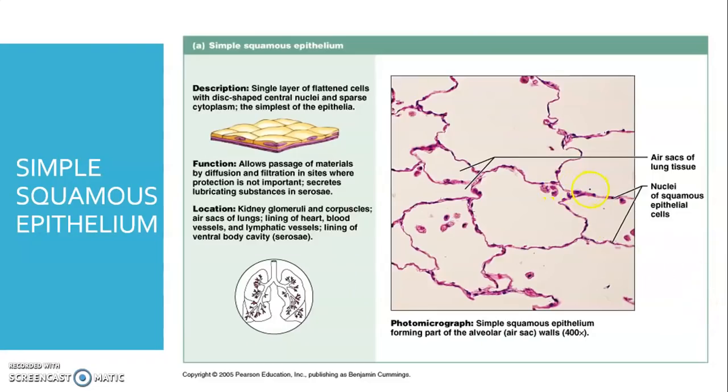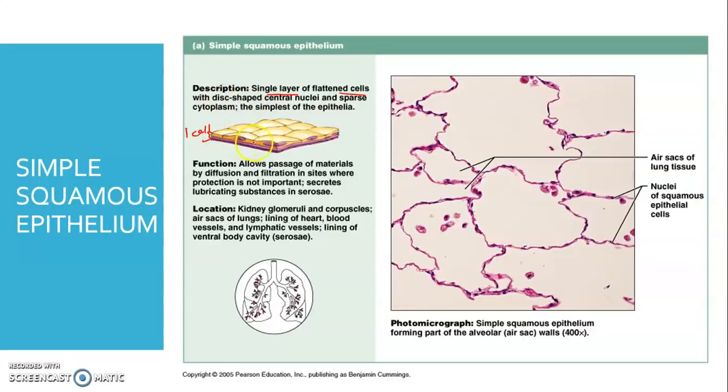So now we look at the simple squamous epithelium. We look at the description here. Of course, we can say it is a single layer of flattened cells. You can look at this diagram, a flattened cell, only one cell, with a disc shape.